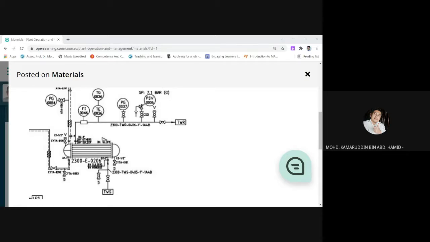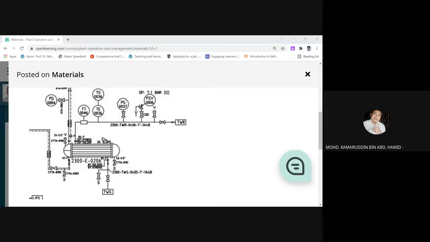So if your answer is 100 degrees C, it's totally wrong. 100 degrees C at 1 atm, yes, that's right. Or 97 ataupun 89 degrees C at 2 bar, for example.